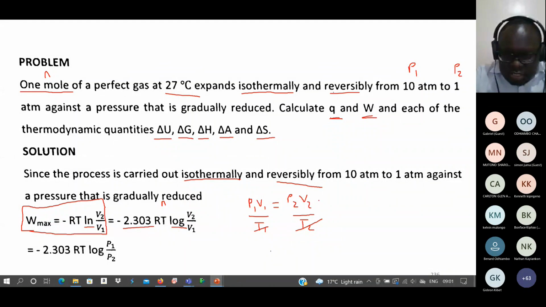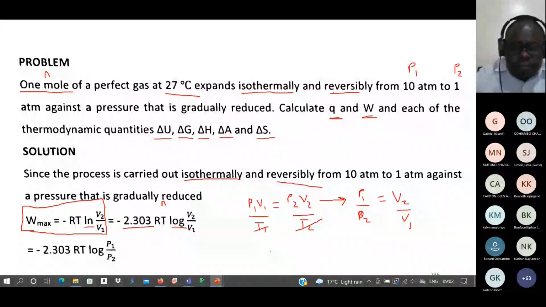From this expression, we get P1 over P2 equals V2 over V1.